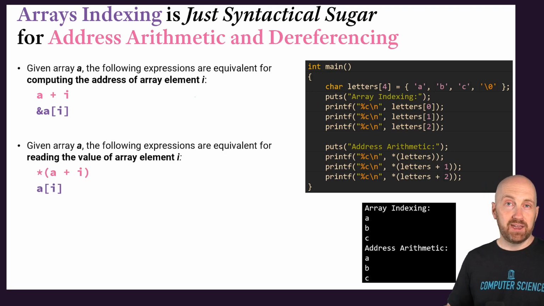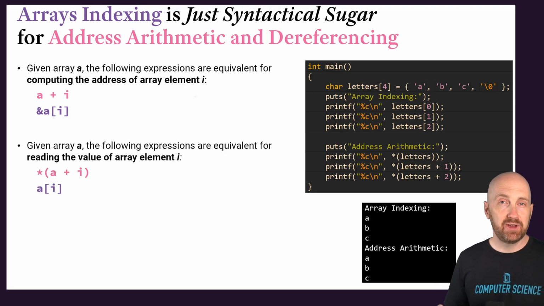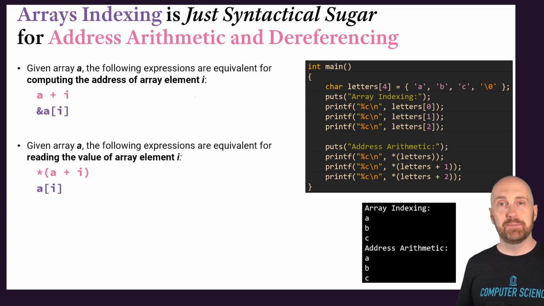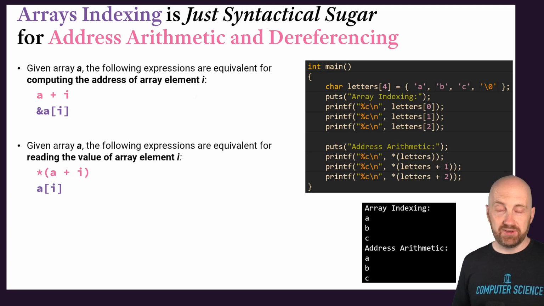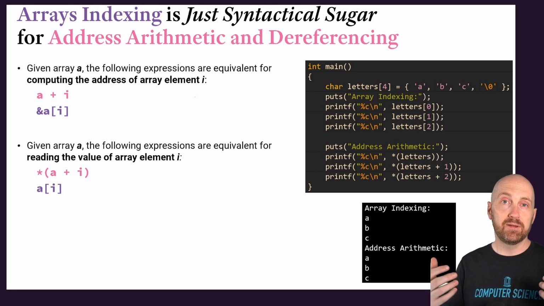The flip side is true when you're trying to dereference and actually read from some address in memory using either pointer arithmetic or array indexing notation. With pointer arithmetic, when you say A plus I and calculate the address of some other location in the array based on its index, you have to dereference that explicitly.